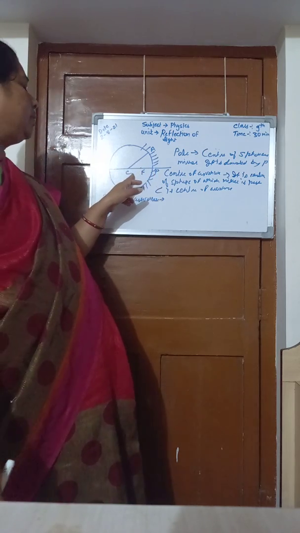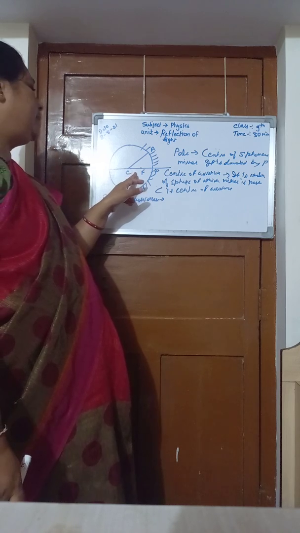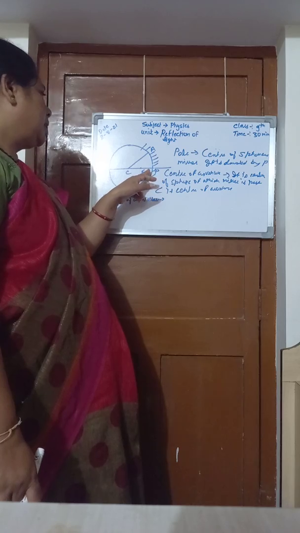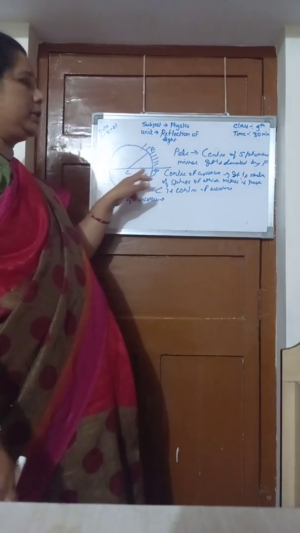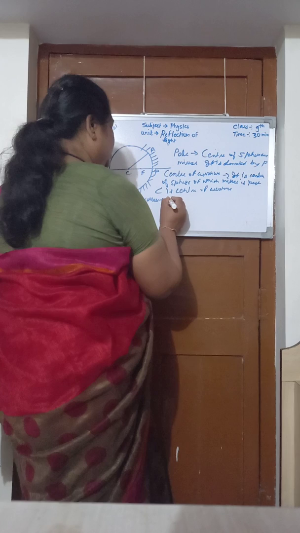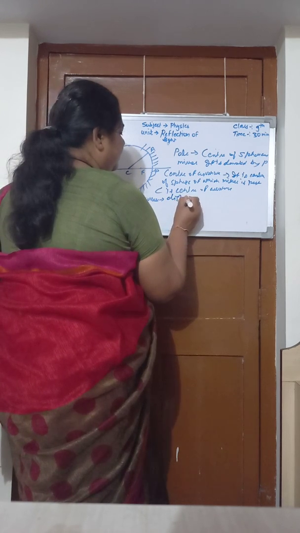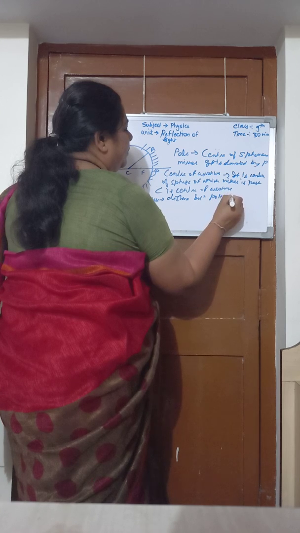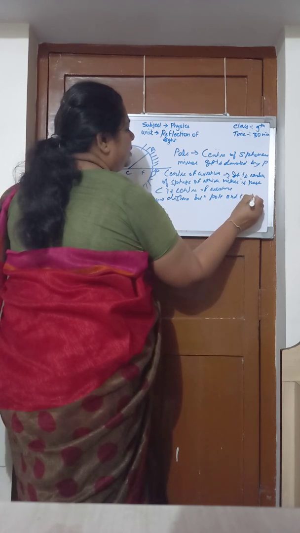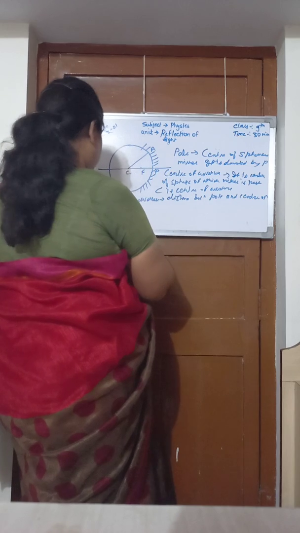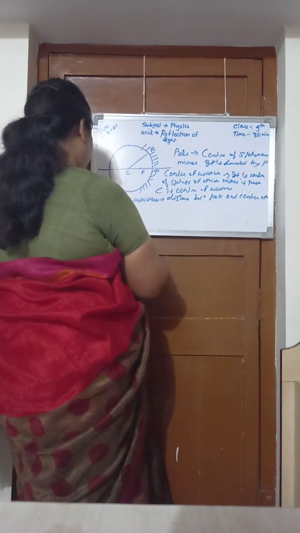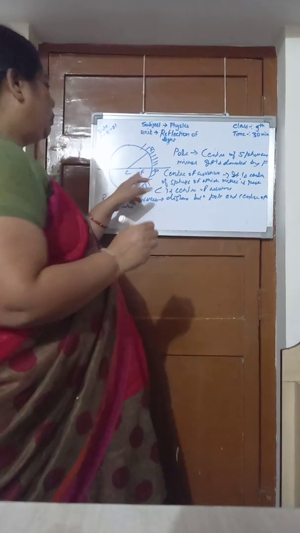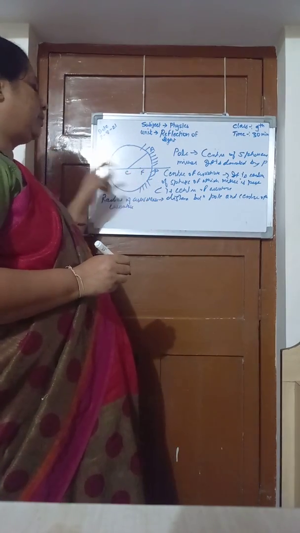So it is the distance between pole and center of curvature.